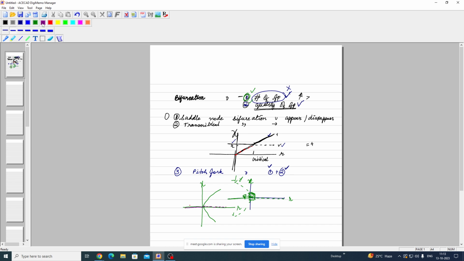So here the pitchfork is happening to the right side, so this will be supercritical.